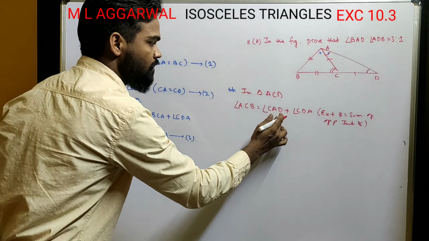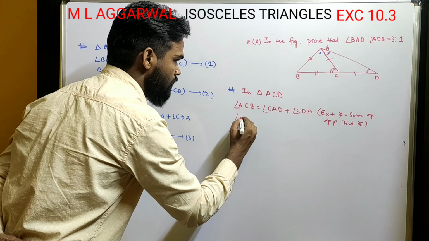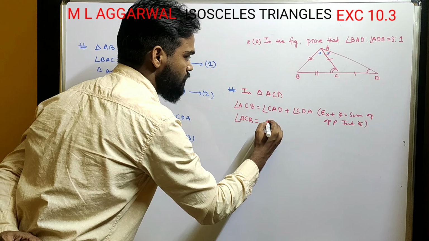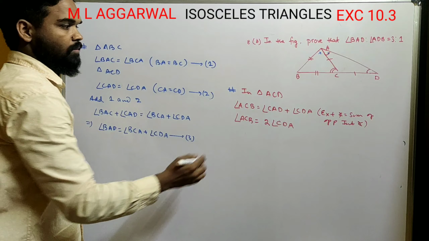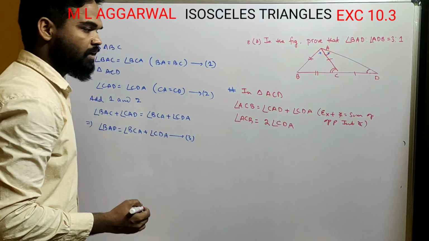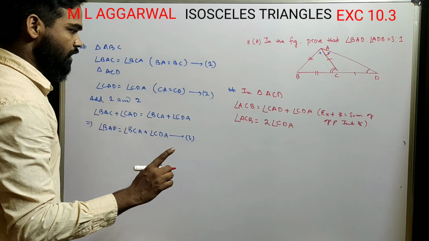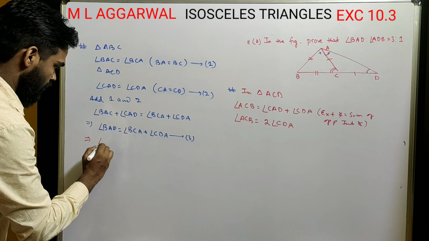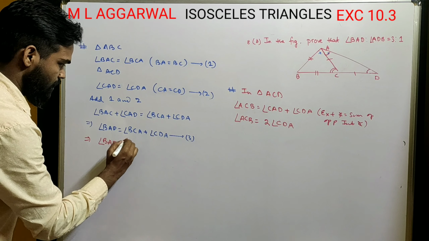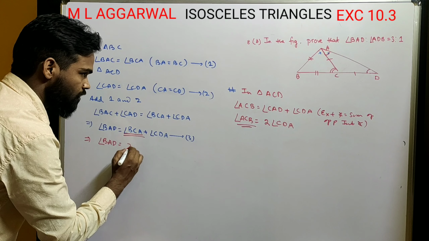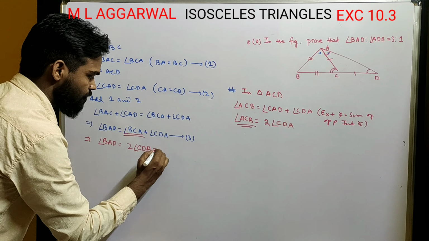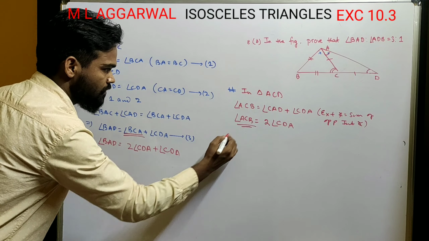Now look carefully. These two angles are equal. So can I write angle ACB is equal to twice of CDA? Because both the angles, this and this, are equal. Now look carefully. Angle BAD. Instead of BCA, ACB, same thing. Can I put twice of CDA plus angle CDA?